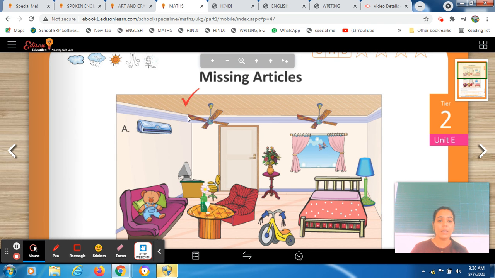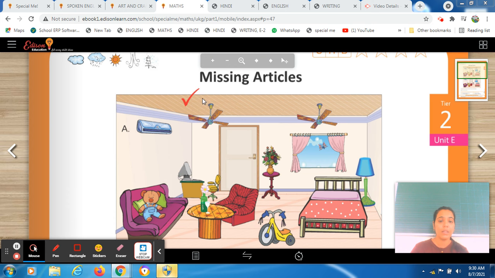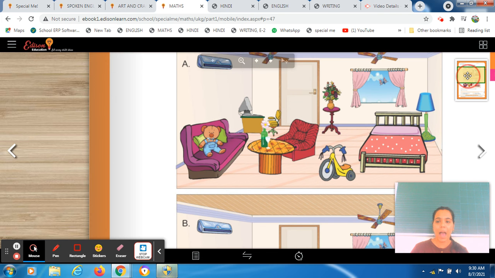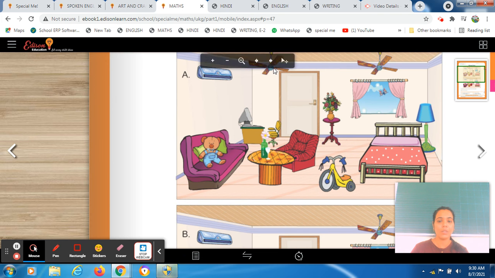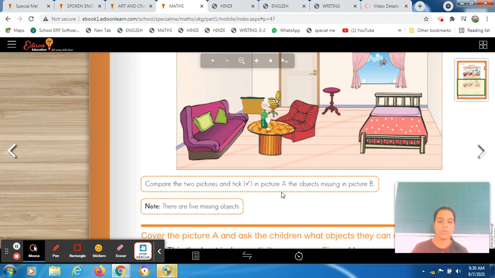So students, see, the very first one is done for us. See, this is the fan, okay? And if you see the next picture, there is no fan. So that means this fan is the missing article. So we have to find lots of missing articles. So let's see the information given to us.